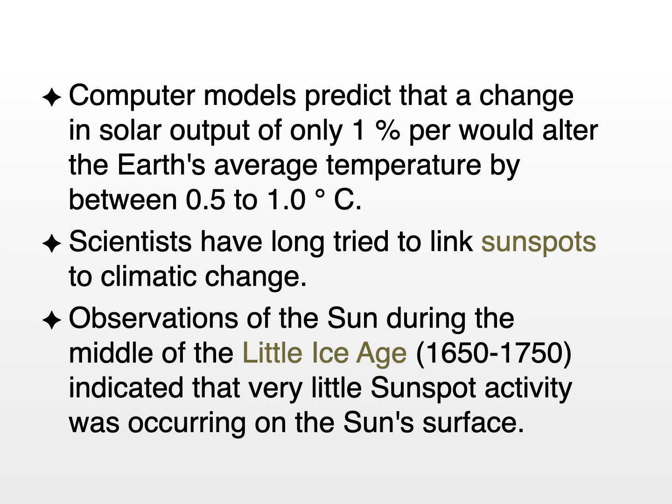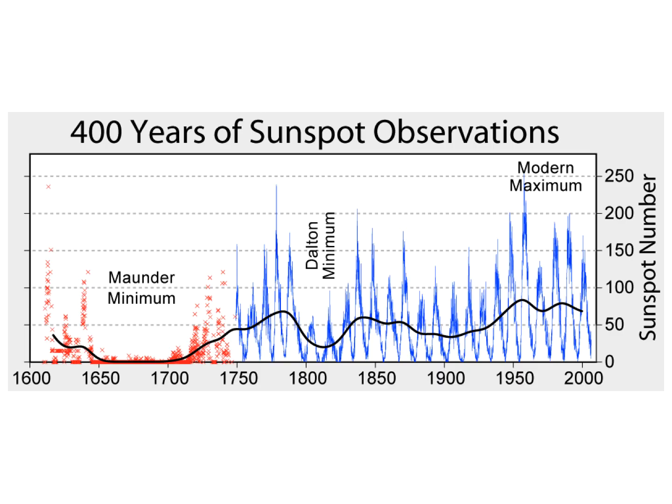When there's a lack of sunspots, that's when radiation output decreases. And during the Little Ice Age, there was very little sunspot activity. So scientists were taking note of the number of sunspots, and there was a minimum named the Maunder minimum, a lack of sunspots between 1650 and 1750.